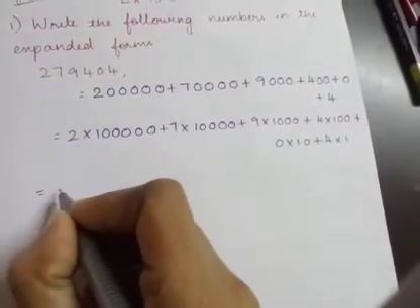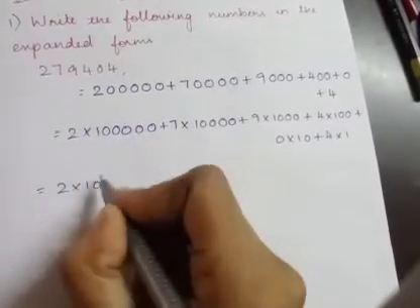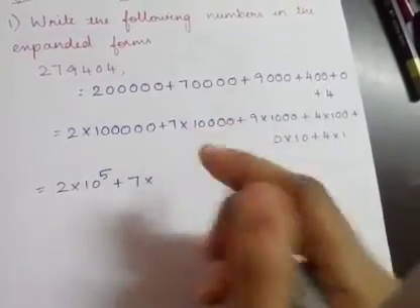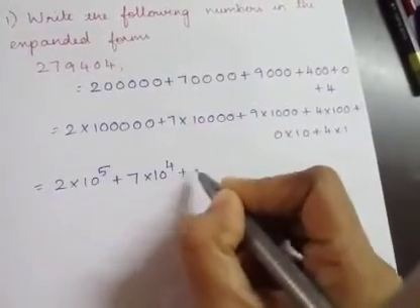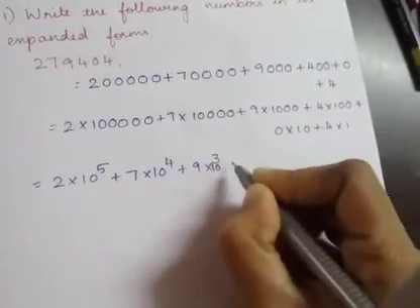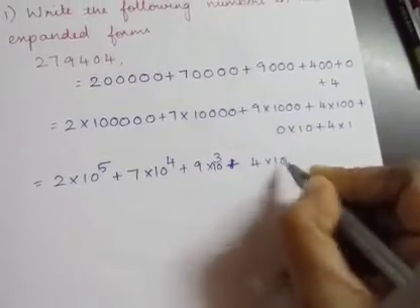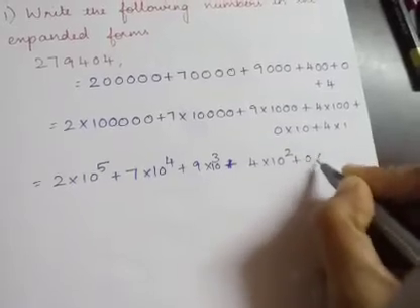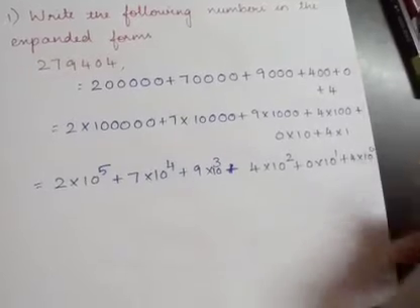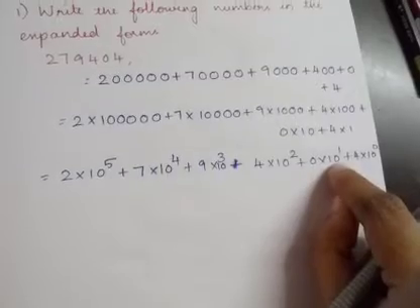Now you should do 2 into 10 power 5 plus 7 into 10 power 4 plus 9 into 10 power 3 plus 4 into 10 power 2 plus 0 into 10 power 1 plus 4 into 10 power 0. Now this 0 into 10 power 1, you don't need to write it.